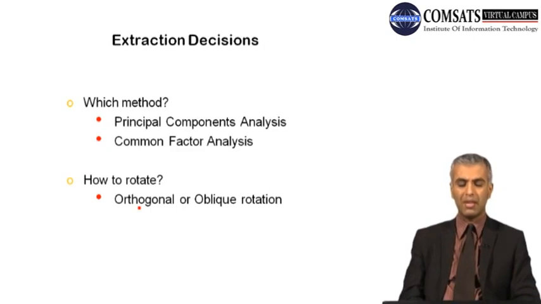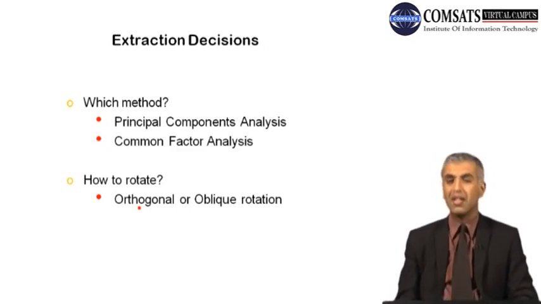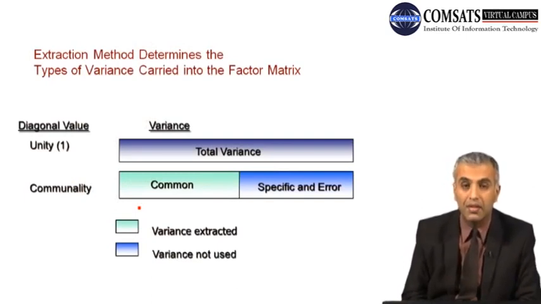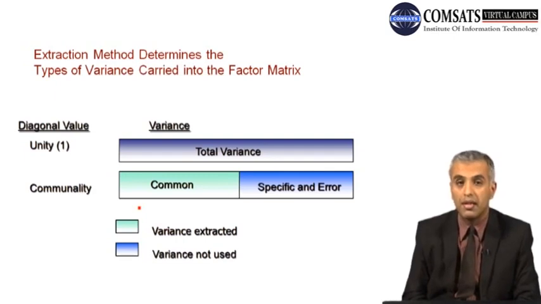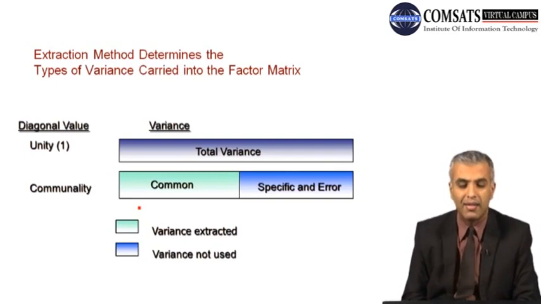We would have a discussion on the aspect of rotation in factor analysis, and we have to decide whether we go for orthogonal or oblique rotation. The type of extraction which we have discussed, the principal component method and the other types of factor analysis, depends upon the type of variance which we want to carry out.